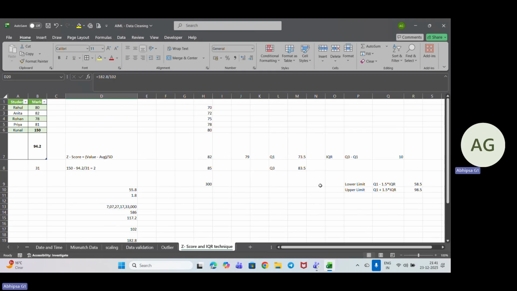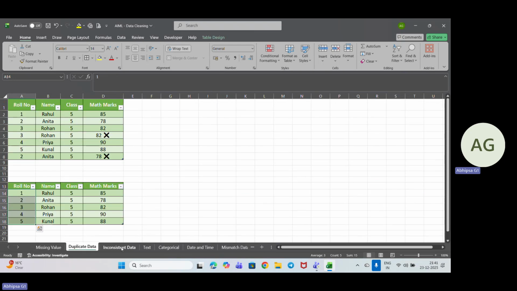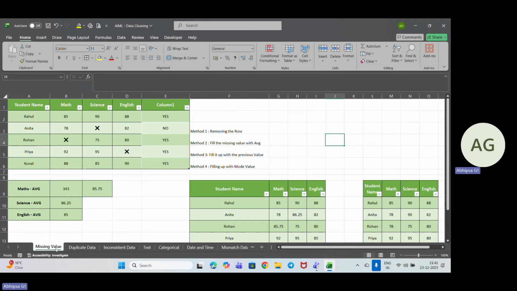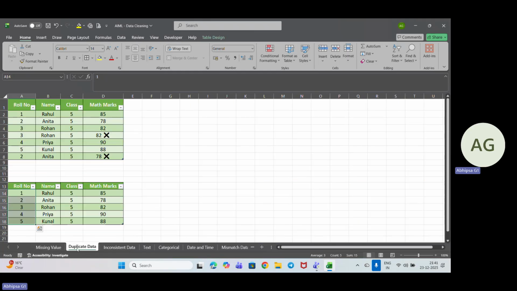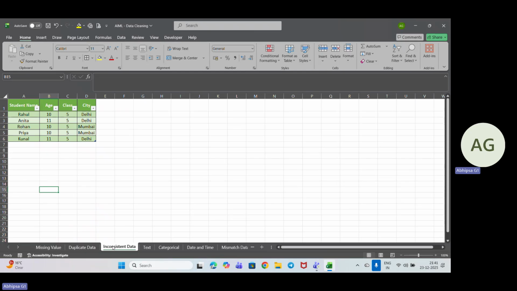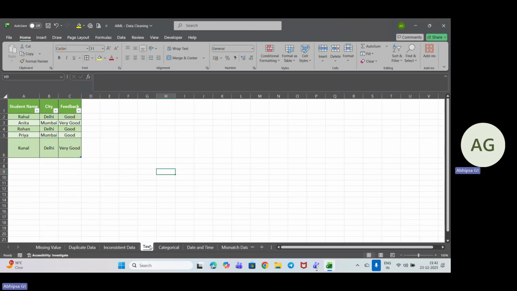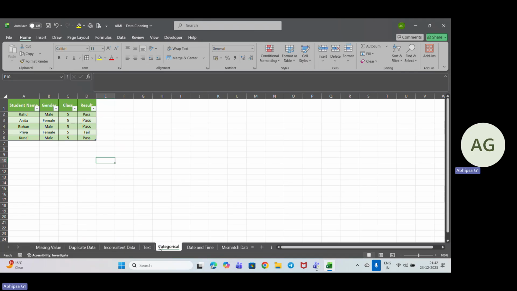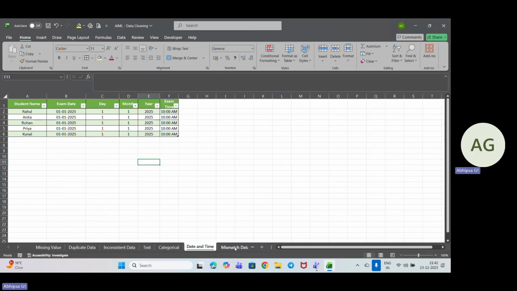Okay, so this is all about the steps of data cleaning and data pre-processing: handling missing values, duplicate data, inconsistency in the data, handling the text data accurately, handling the categorical data accurately, and date and time management in the data.